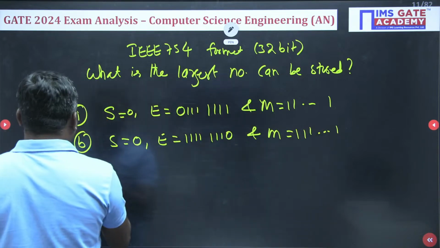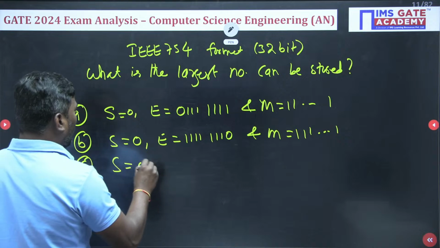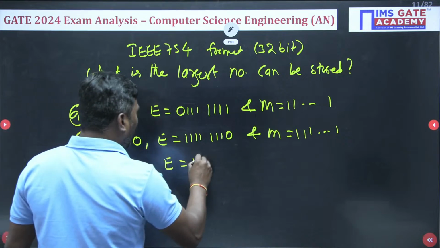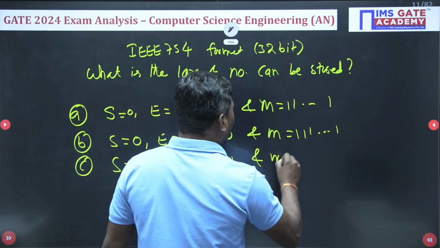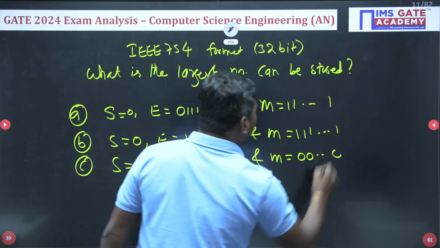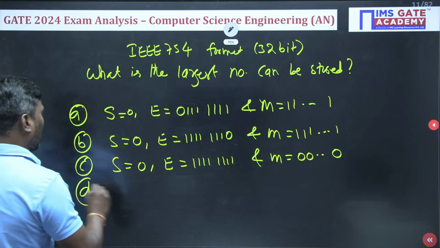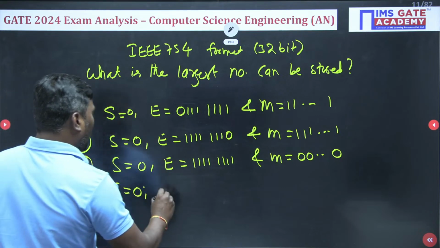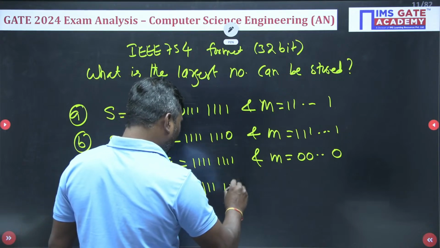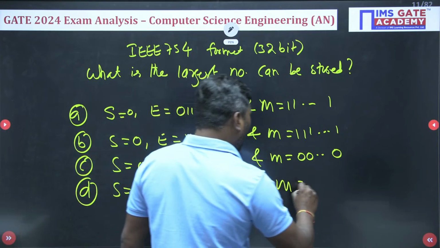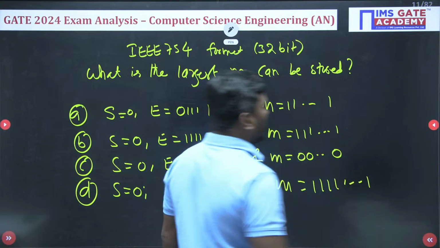Option C: S equal to 0, E is all ones, and M is all zeros. Option D: S equal to 0, E is all ones, and M is all ones.